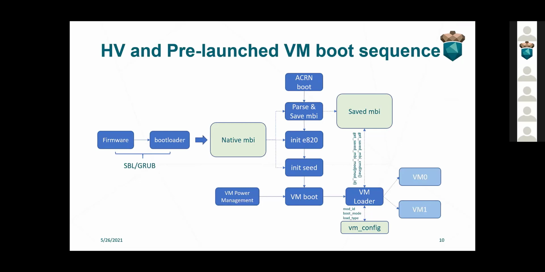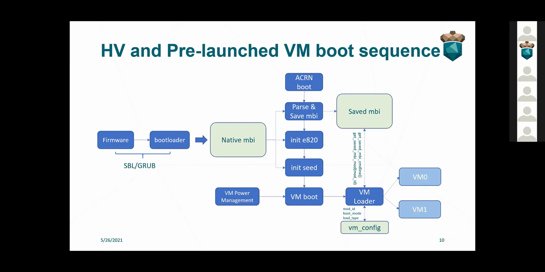So firmware will start to load the bootloader, and the bootloader will generate the native multiboot info and load the ACRN hypervisor to the memory space and start to run the hypervisor.